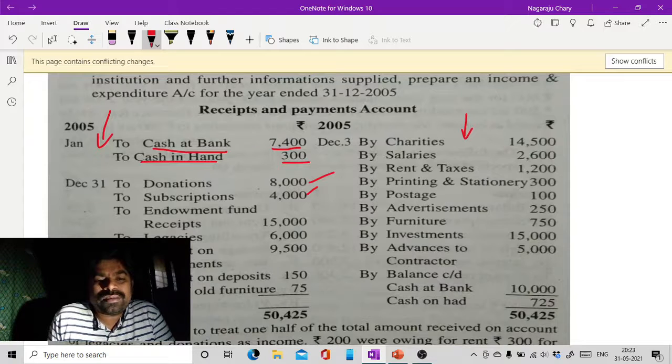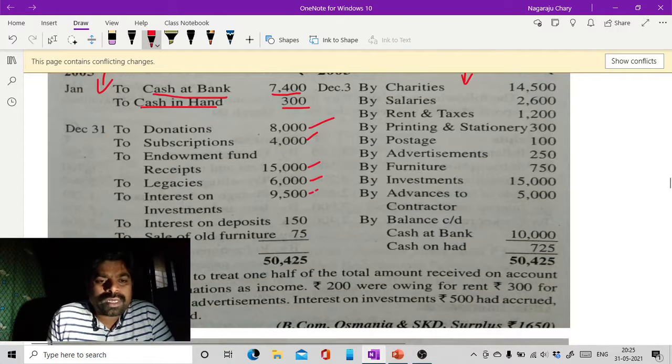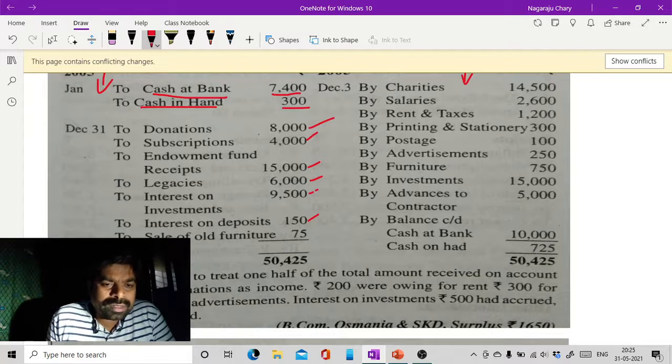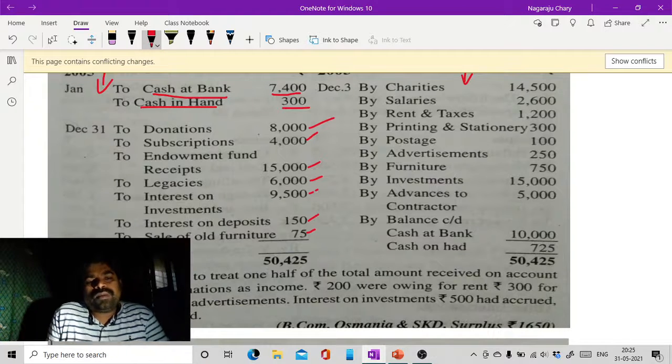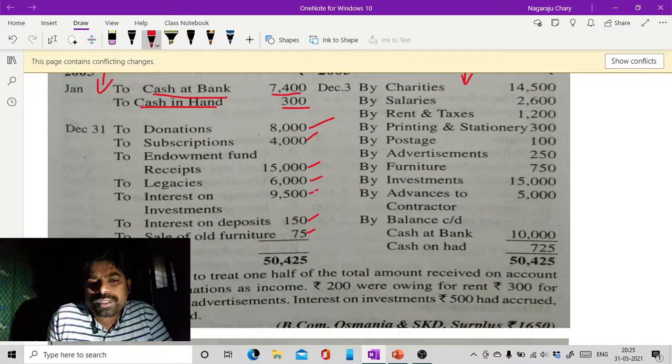Endowment fund receipts, this is a special fund, are also received. Legacies from donors, receipts are also received. Interest on investment, somewhere we invested, on that we got interest, that is 9,500. Interest on deposits in the bank, on that we got 150 rupees during the year. Sale of old furniture, in that transaction we got 75 rupees as receipt.